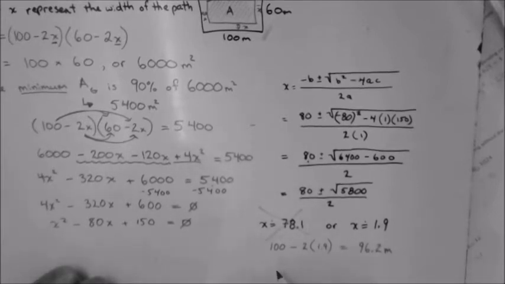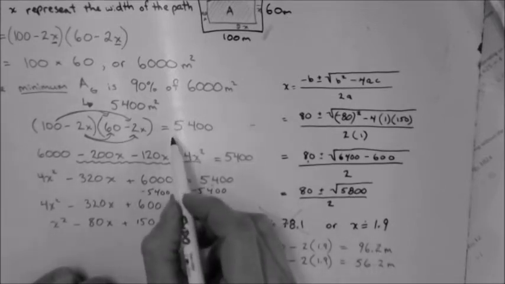And the other dimension would be 60 minus 2 times 1.9, which is 60 minus 3.8, which is 56.2 meters.